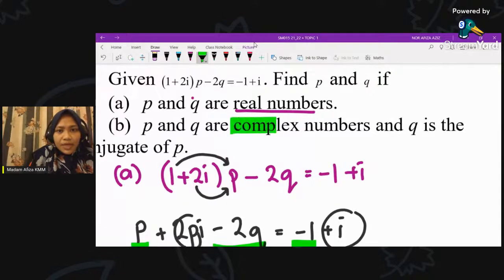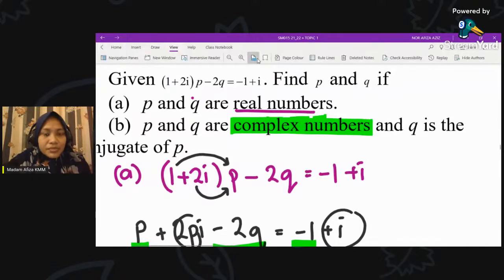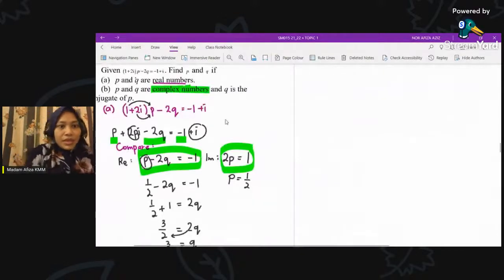Okay, what if P and Q are complex numbers? Let me rewrite the question again. Let me write it over here before I zoom in.